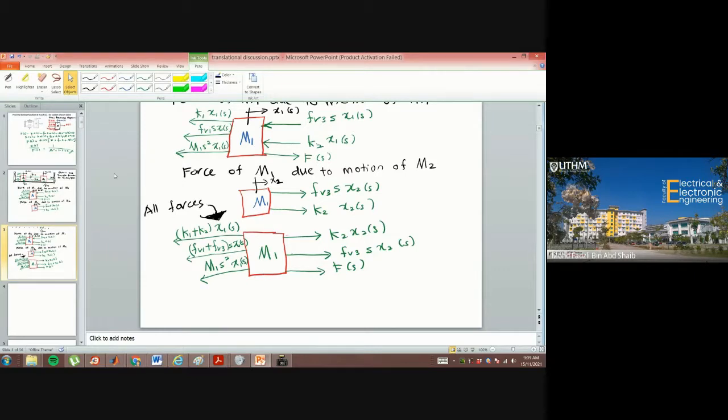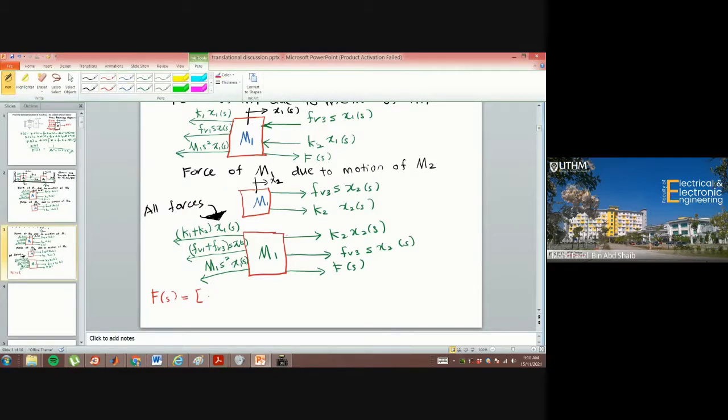Okay, now forces. Now Fs equals what? We need to find the S square first. Where is S square first? It is this one, M1 S square. Then S and so on.